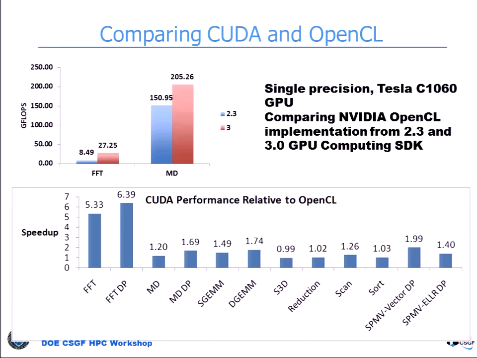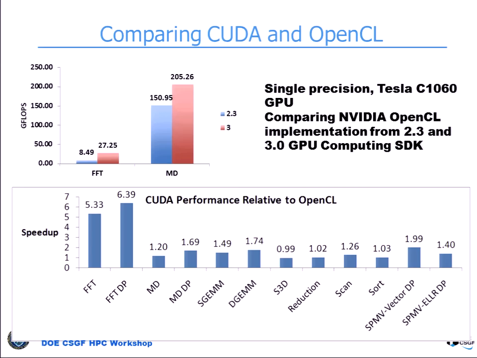So what you're looking at on this graph is the difference between version 2.3 and version 3.0 of OpenCL. And so in just that upgrade, we saw a 3x improvement in the FFT that we run using OpenCL. With MD, it wasn't 3x, but it was a significant improvement.